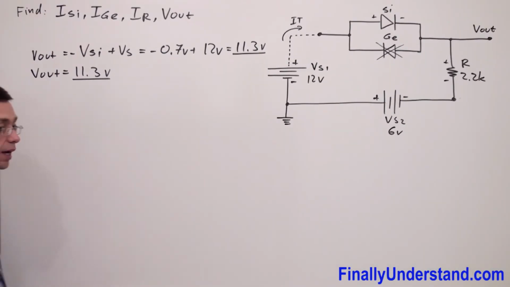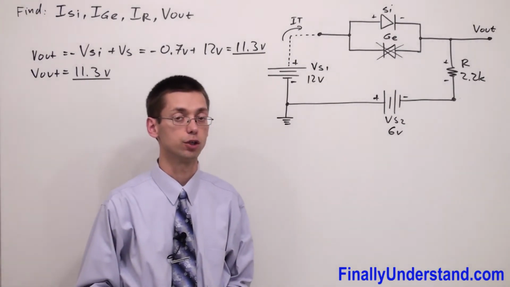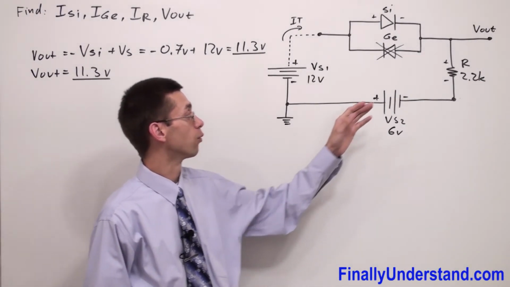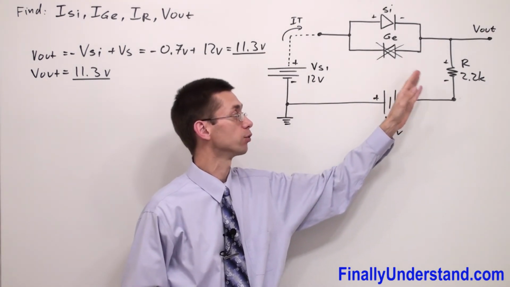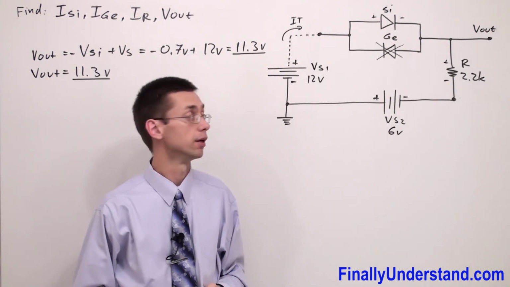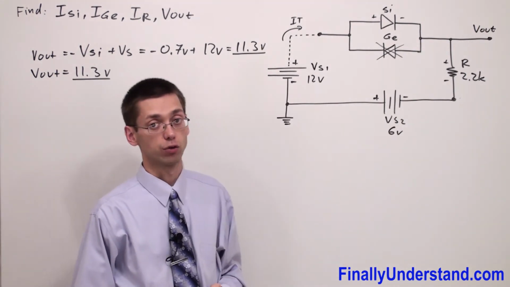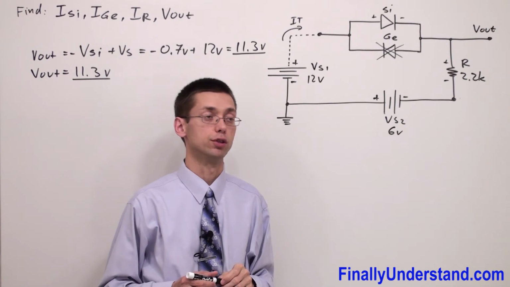Next, we're supposed to find the current in the circuit. In order to do so, we're supposed to find what current goes through the resistor first. In order to find the current which goes through the resistor, we're supposed to find the voltage across this resistor, because current is equal to voltage over resistance.